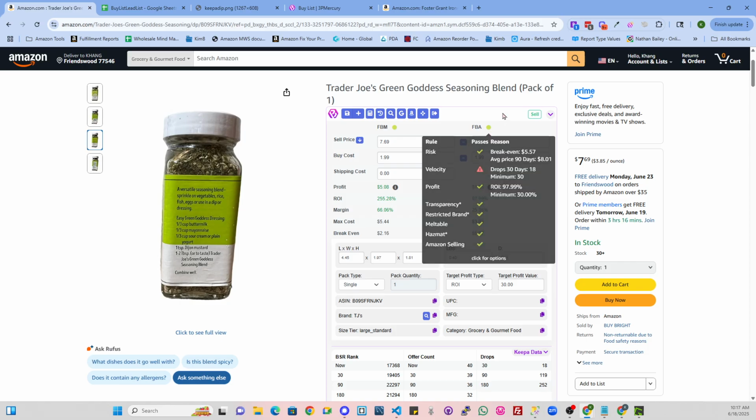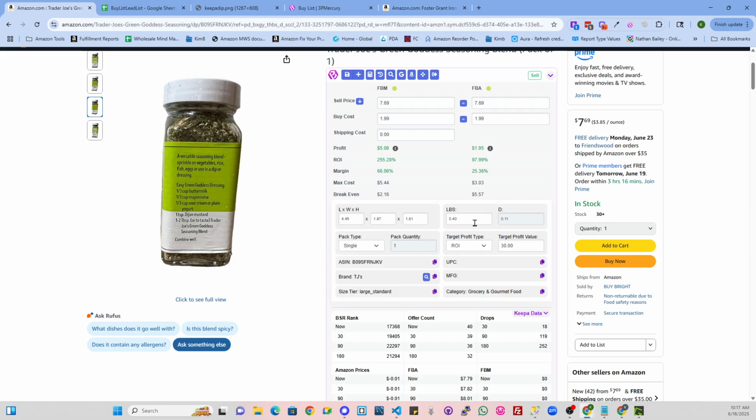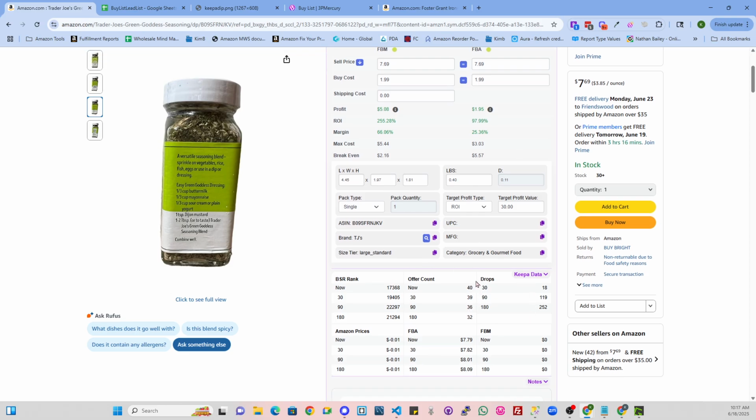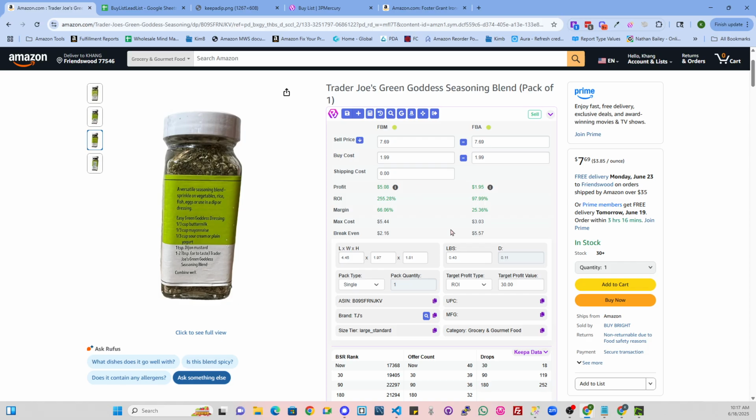What this dot allows me to do is, unlike other profit calculators, which expect you to read all of this data, right? They want you to read how many drops there are, how many offer counts, what the FBA buy boxes look like, and from there you can make a decision whether or not this product is worth your time.